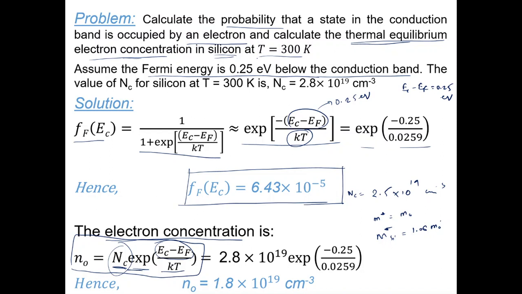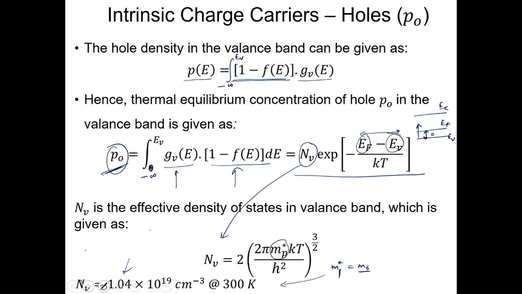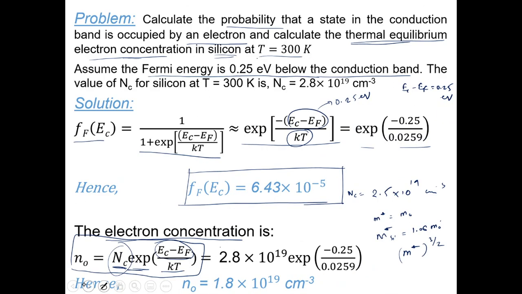The NC has m star to the power 3 by 2, as you remember from the previous slide. So all you have to do is calculate this additional factor, which is 1.08 to the power 3 by 2, and this will be multiplied with this NC, and it becomes the effective density of states of electrons, or of the conduction band, in case of silicon.